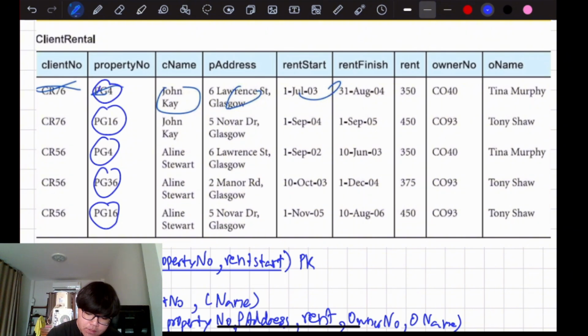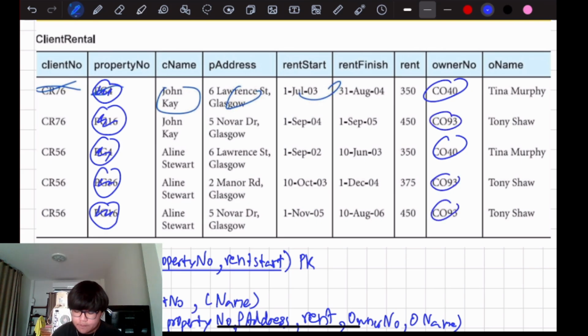You have PG4, and it's CO40, and PG60, PG36, PG60, we have CO93, CO90, and CO93. So in owner number, we have CO40, CO93 and CO93. But in the original, it's PG60 and PG36. So owner number cannot tell property number.